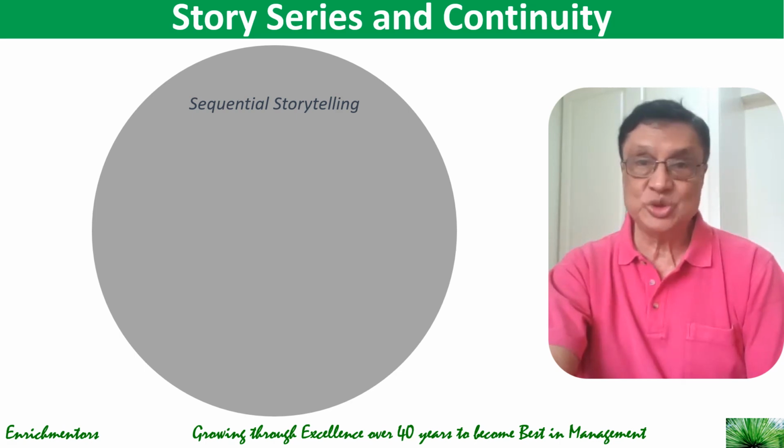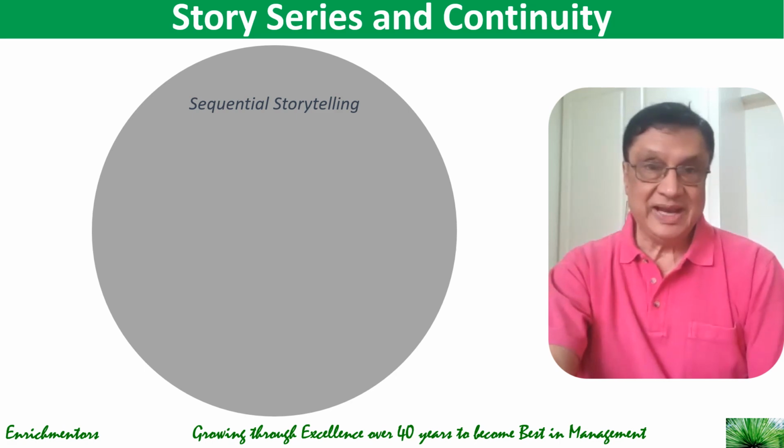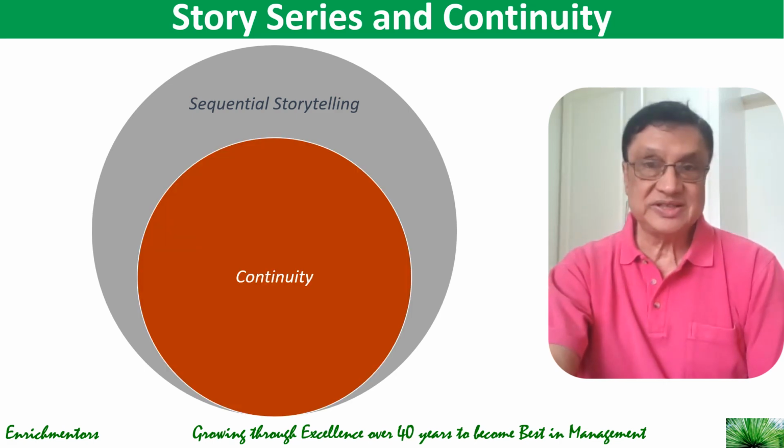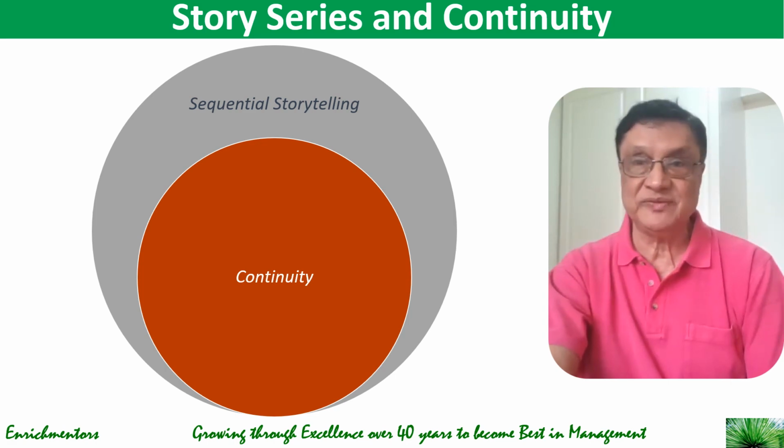Consider creating stories in sequence, a story series, or a sequence of related content to keep users engaged over a period of time and maintain content consistency, a consistent narrative across multiple stories for a cohesive experience. So you need to have a series running through with a consistent theme.